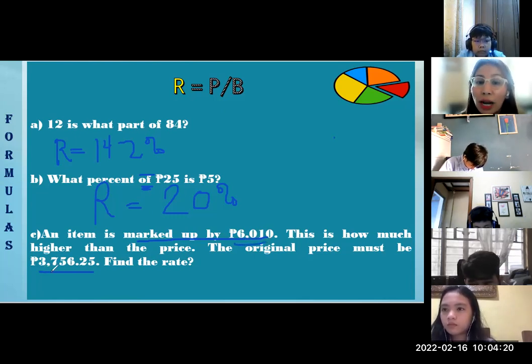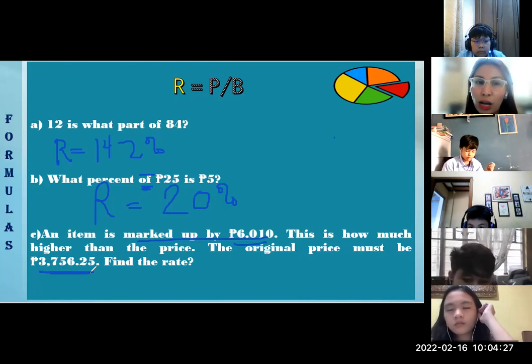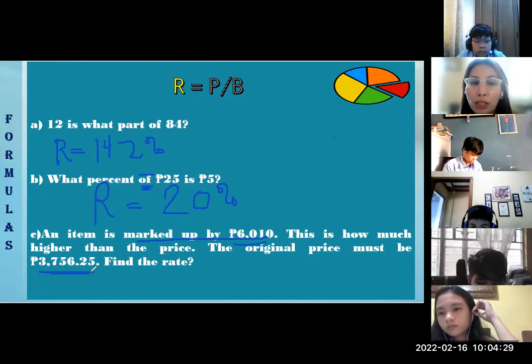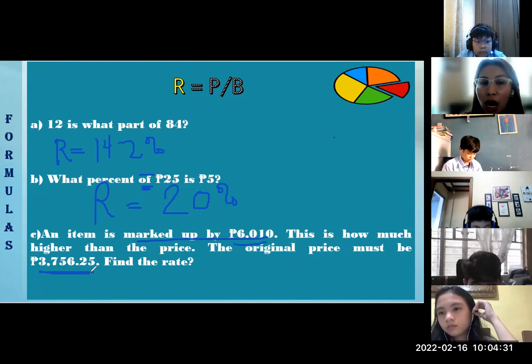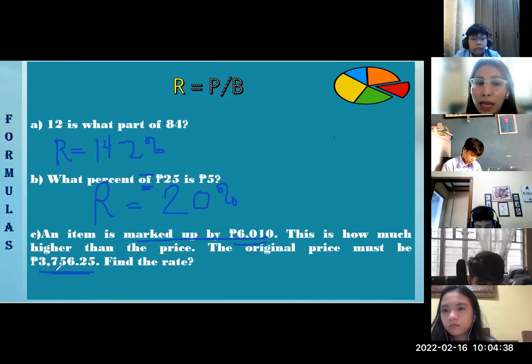Bakit kaya siya nag-increase? Possible, nagmahal yung product. So, ganun siya. This is how much higher. So, gaano daw siya kataas? Gaano daw siya kamahal? So, the original price must be, ito daw dapat yung pricing, find the rate.